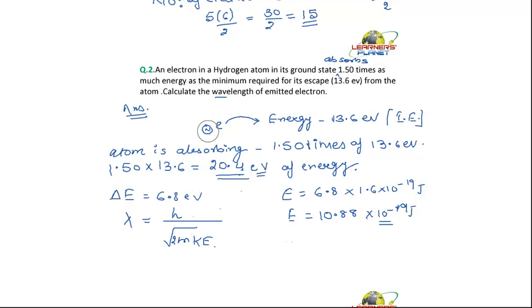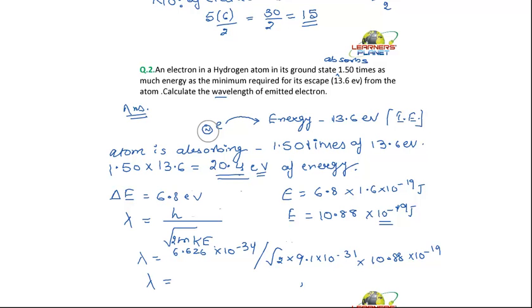So students, we have got our kinetic energy here. Now put the values over here: lambda is equal to h, which is 6.626 into 10 to the power minus 34, divided by the square root of 2 into the mass, 9.1 into 10 to the power minus 31 kg, multiplied by the kinetic energy. So from here you can get your wavelength.